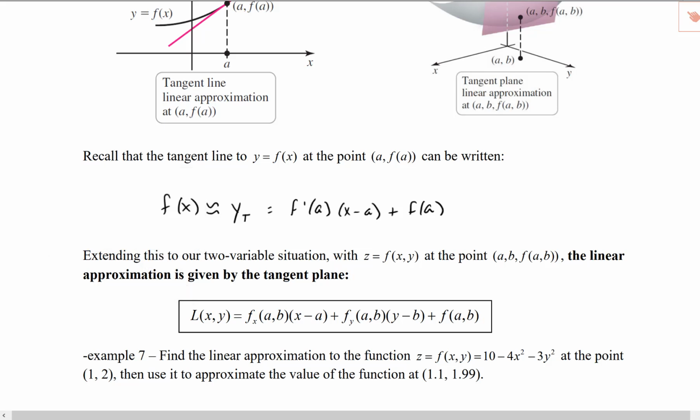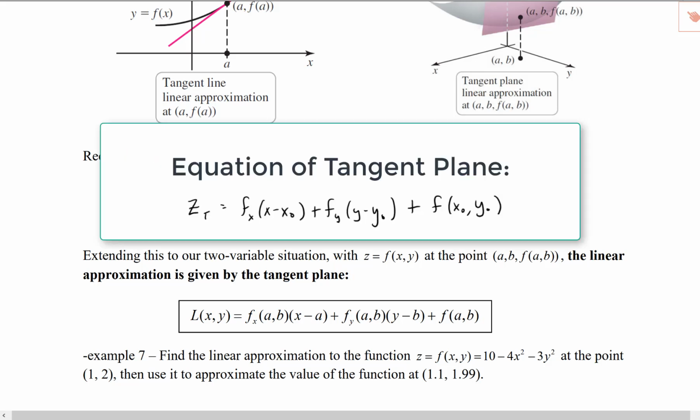And we take the partial of f with respect to x evaluated at a, b times x minus a, plus the partial of f with respect to y evaluated at a, b times y minus b, plus f of a, b. Note that this is just the equation of the tangent plane that we had earlier in our notes. So a linear approximation is simply an equation of a tangent plane.